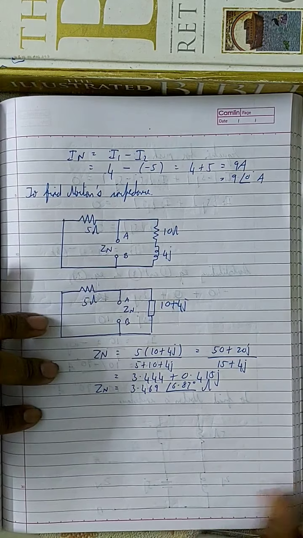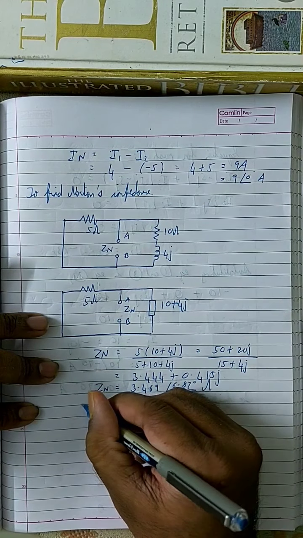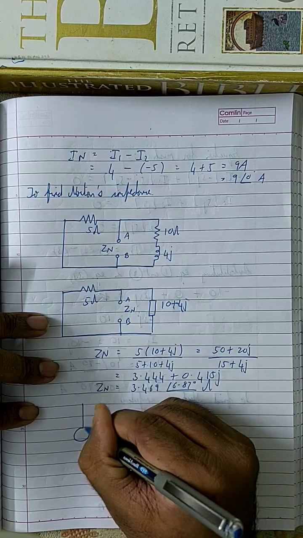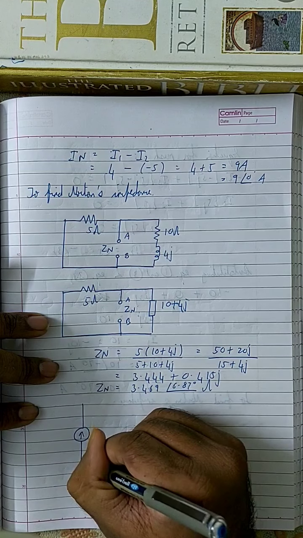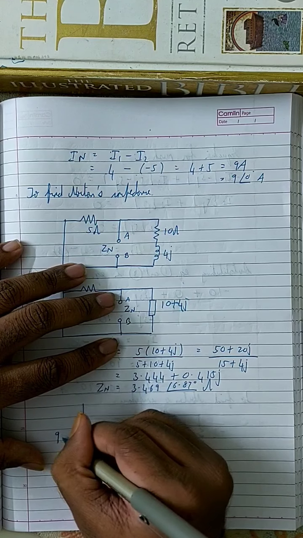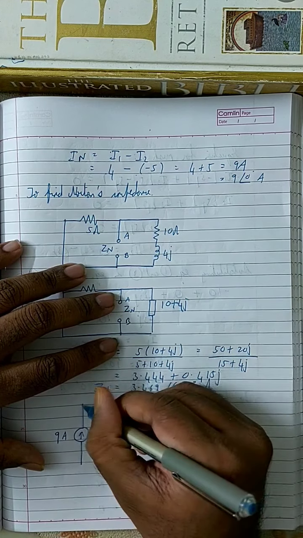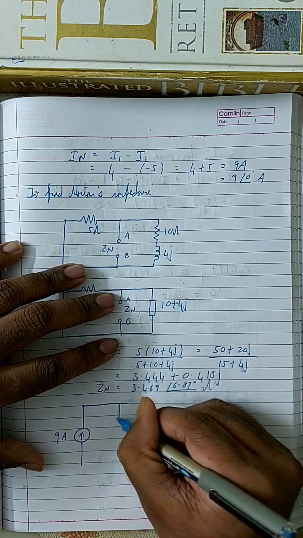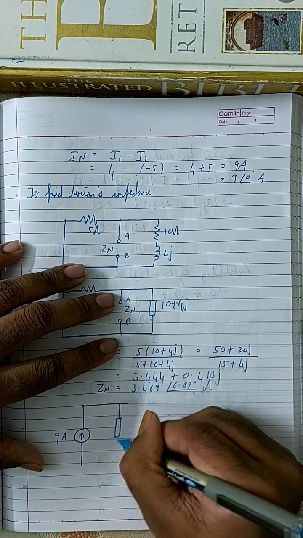So basically your equivalent circuit will become like this. That is, you have a current source which is flowing upwards, and the value of the current source is 9 amperes. Okay, and then you have an impedance over here.